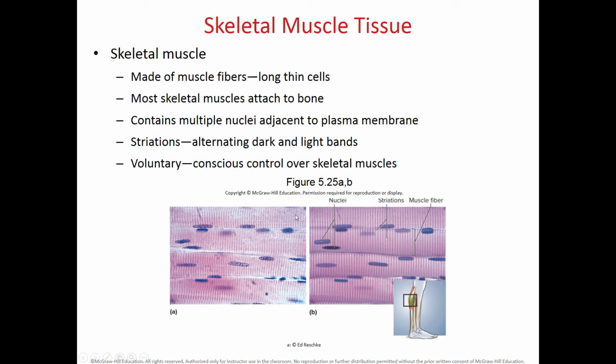This is another skeletal muscle cell, and you see these purple dots, these are the nuclei. So they have multiple nuclei, and the nuclei are close to the plasma membrane, which is this. And then you have these bands that we call striations. So they are light and dark bands. And this muscle is under voluntary control.